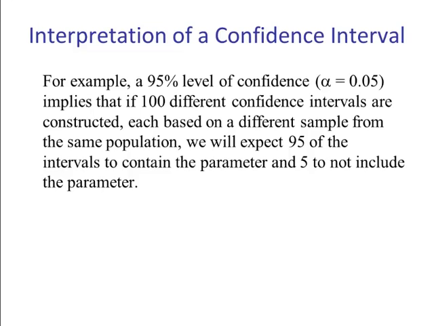So, for example, a 95% confidence interval, alpha equal 0.05, implies that if we did 100 different confidence intervals, each one based upon a different sample from the same population, we would expect 95 of the intervals to contain the parameter and 5 not.